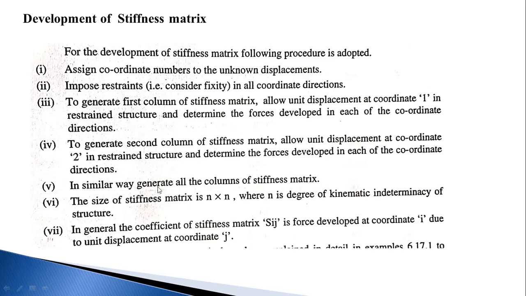In a similar way, generate all the columns of the stiffness matrix. The size of the stiffness matrix is n by n, where n is equal to the degree of kinematic indeterminacy of the structure. In general, the coefficient Sij is the force developed at coordinate i due to unit displacement at coordinate j.